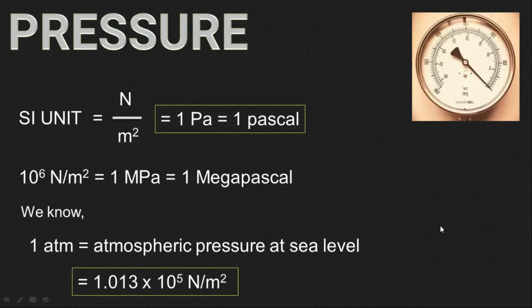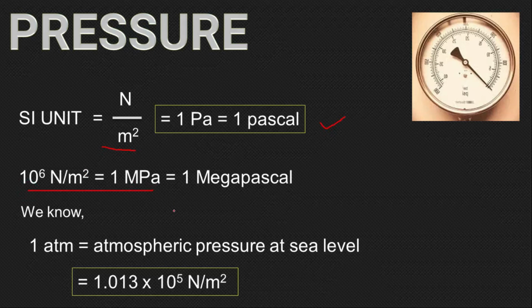Now let us discuss the units of pressure. As you already know, SI unit of pressure is Newton per meter square. This unit is also called as 1 Pascal or 1 Pa. 10 raised to 6 Newton per meter square is termed as 1 megapascal.